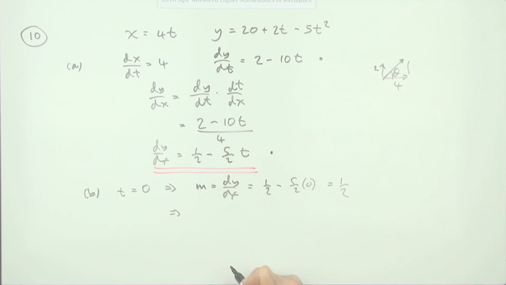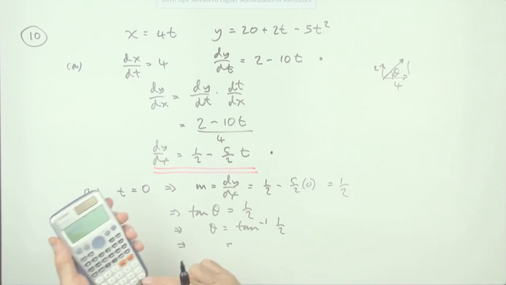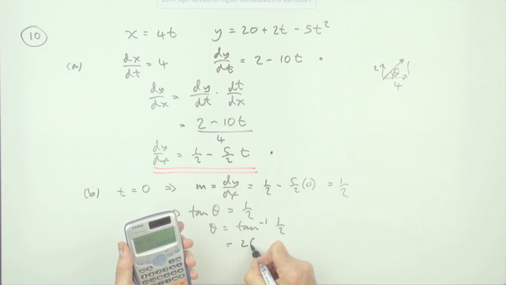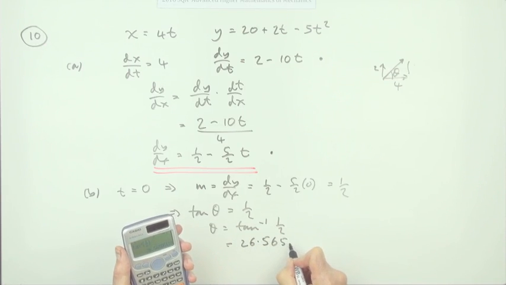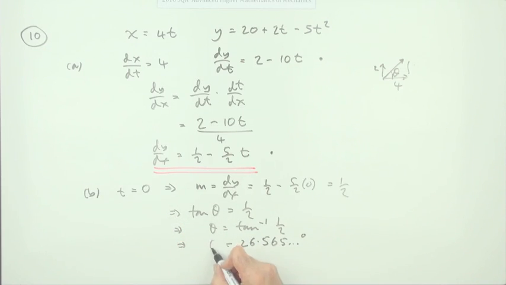And if the gradient's equal to that, that means the tangent of the angle is equal to a half, so theta will be inverse tan of a half. And that gives you 26.565 and so on degrees.